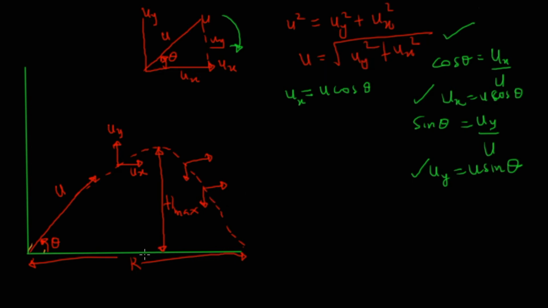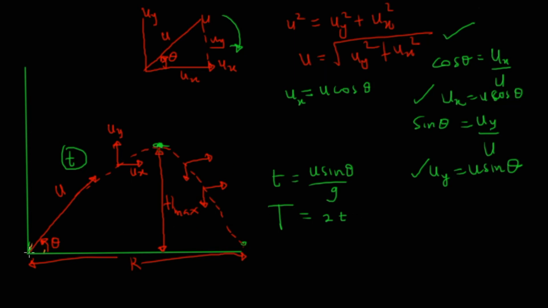In order to find the time the object takes to reach the maximum height, let's represent that with small letter t, which is equal to u sine theta upon g. Then the overall time taken by the object, capital letter T, which is the same thing as the time of flight or the time spent in air, is twice the time taken to reach the maximum height.